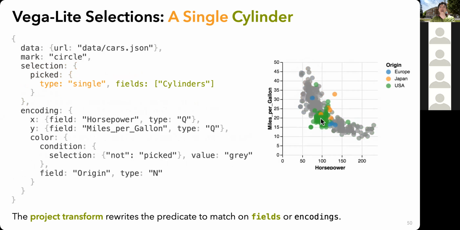In this case now, when I select a car, I would want to select all the cars with a similar number of cylinders. And all you need to do is just say field cylinder. So that's what the predicate means. That's the criteria. So not only to select that single point, I want to select everything with a similar number of cylinders. So that's what you're seeing here. When you click on the car, all the other cars with the same number of cylinders get displayed.